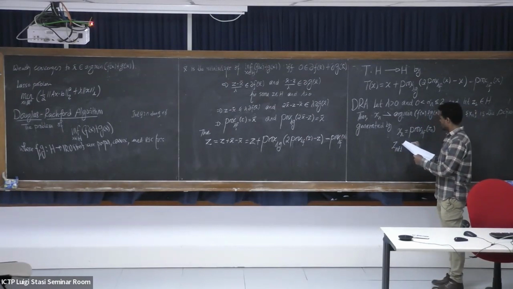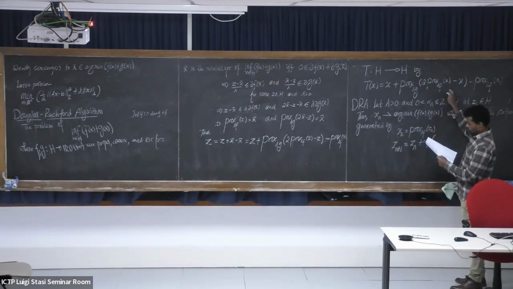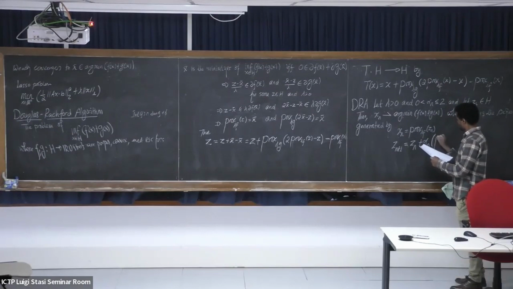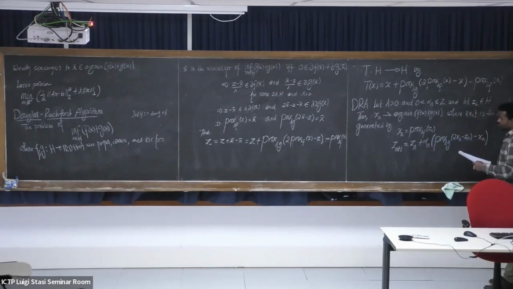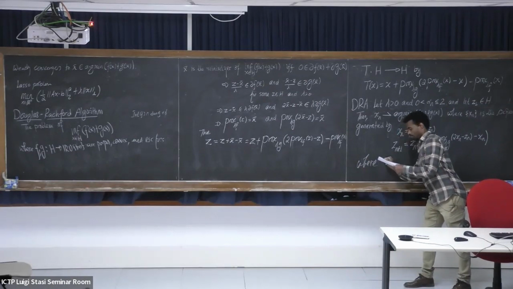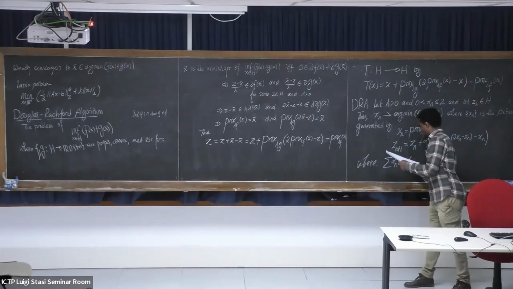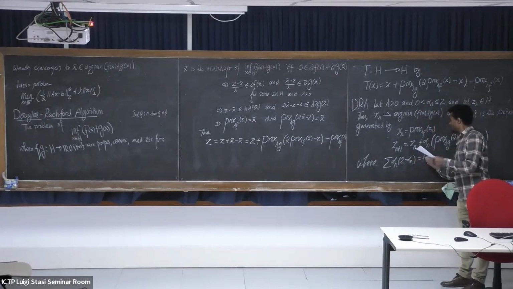Z n plus 1 is equal to Zn plus alpha n of this one, the proximal of lambda G of 2xn minus Zn, where 2 minus alpha n is positive.